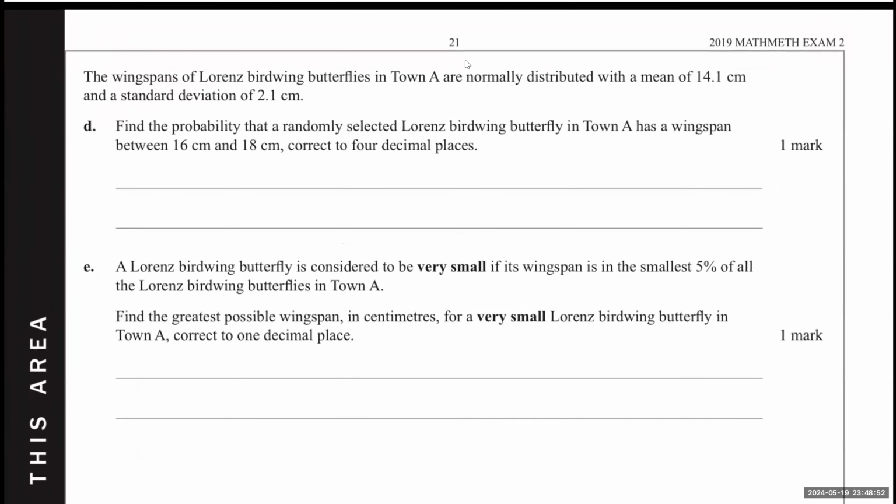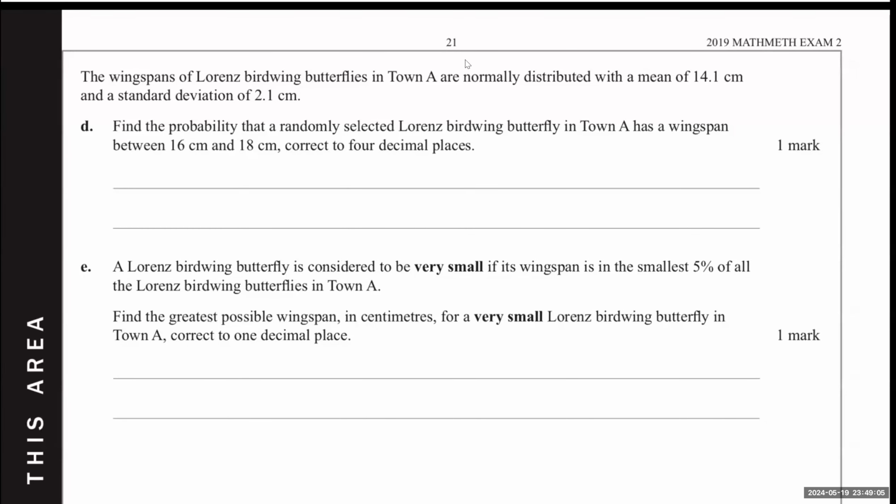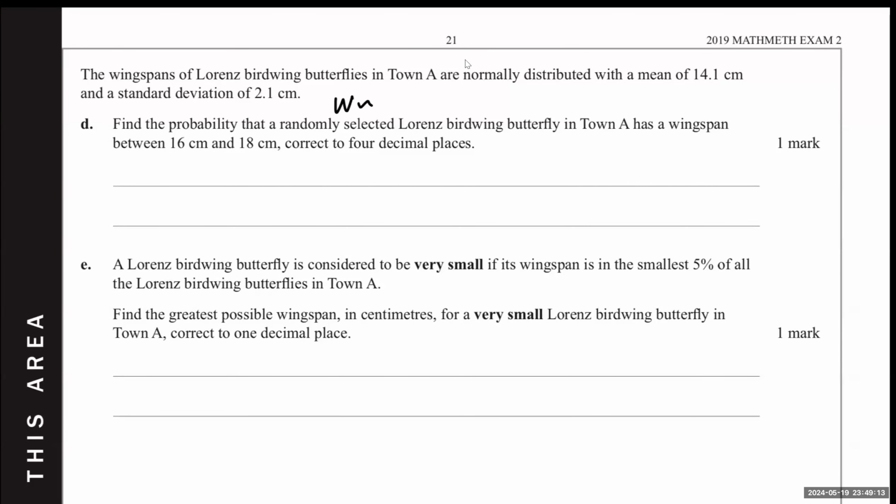The wingspans of Lorentz birdwing butterflies in Terran A are normally distributed with a mean of 14.1 centimeters and standard deviation of 2.1 centimeters. Find the probability that a randomly selected Lorentz birdwing butterfly in Terran A has a wingspan between 16 and 18, correct to 4 decimal places. So let's say W is the wingspan.